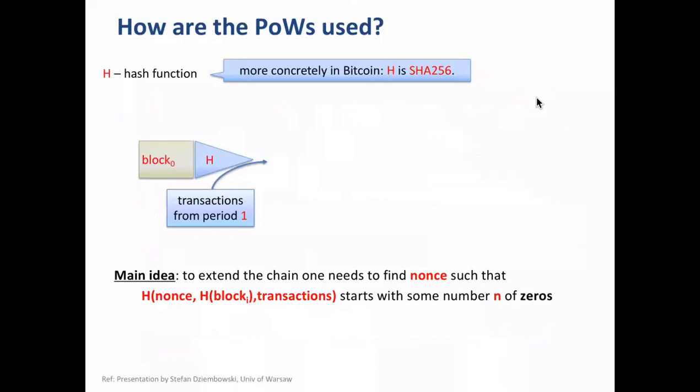All right, so now let's see how proof of work is used. The hash function that we use is SHA-256. So this is the first block, and then its hash. We have seen that when we create a hash chain, we can take the hash of this.